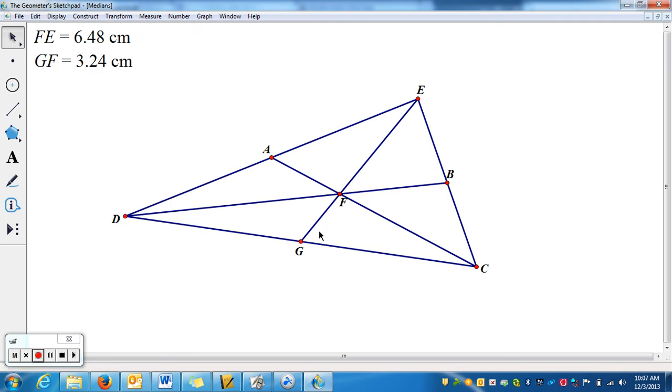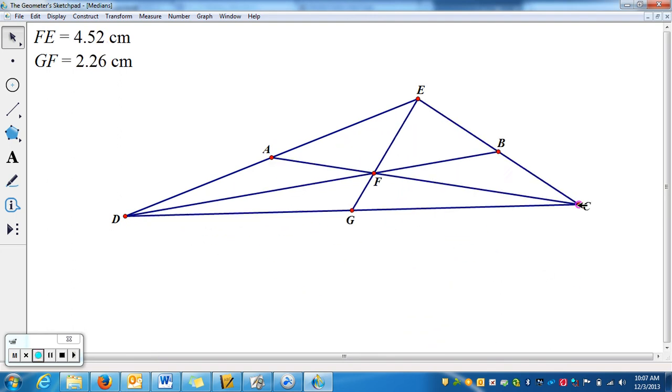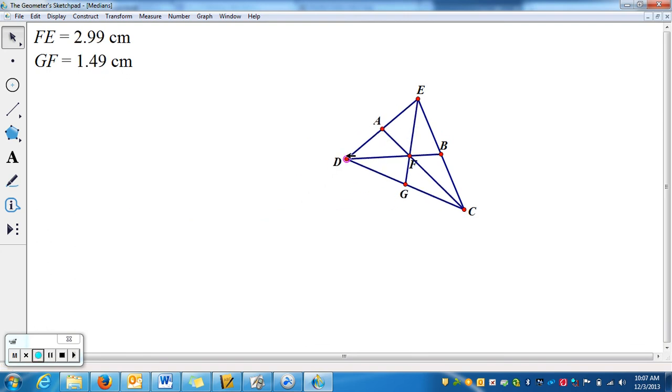If you notice, this length here is half the length of this length here. And when I move around the triangle, that stays true. I can move any point, and it's always half. Or in other words, this length is 2/3 the distance of the entire thing.